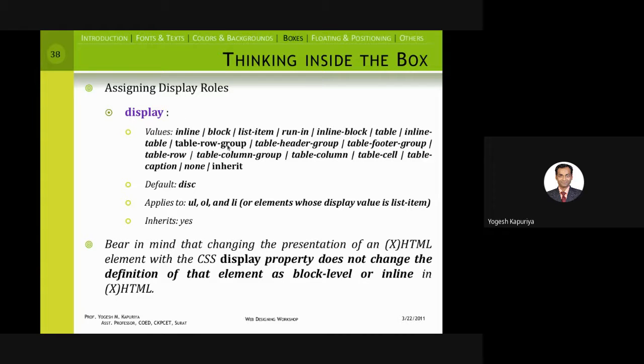There are many types of display, but most of the time we need to understand inline, block and inline-block. These are the three display types which are mostly used. Let us understand what they are.